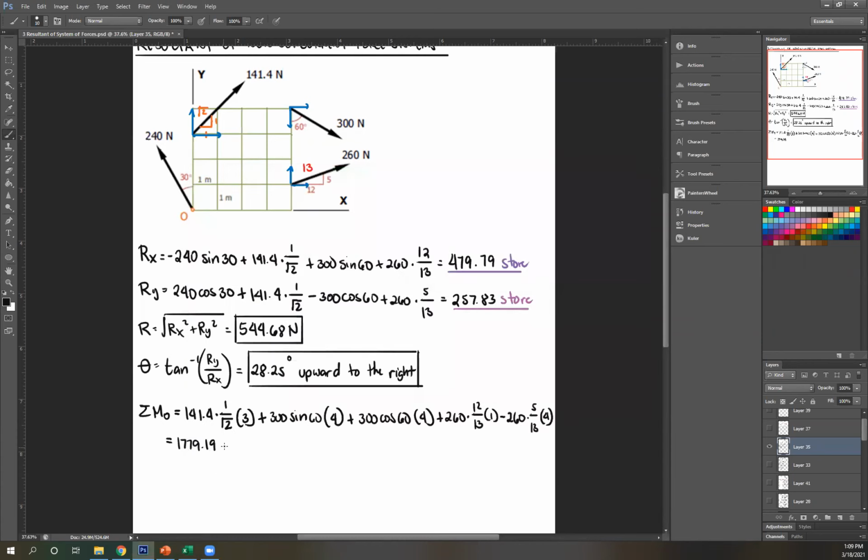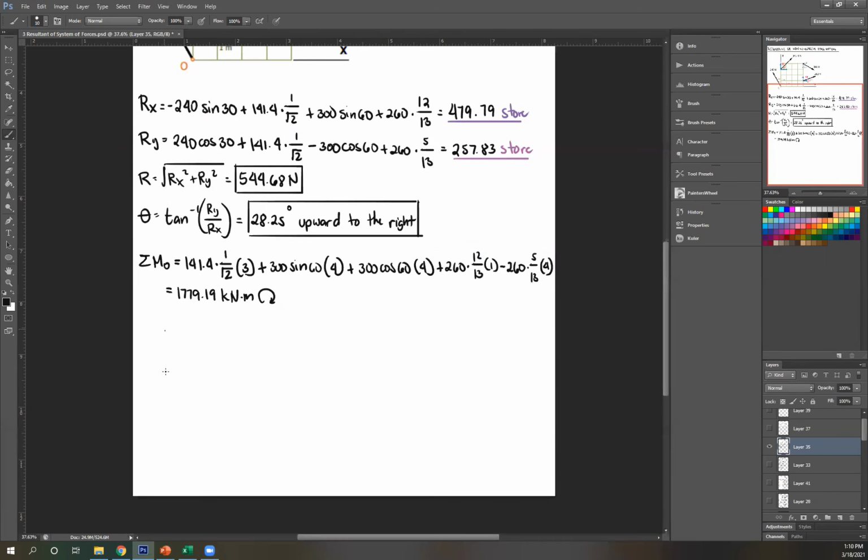Okay. So positive, therefore, this is clockwise. Kilonewton meter clockwise. So therefore my resultant should also create a clockwise moment about O. So, redrawing this. Again, this is O. I know that my resultant is upwards to the right.